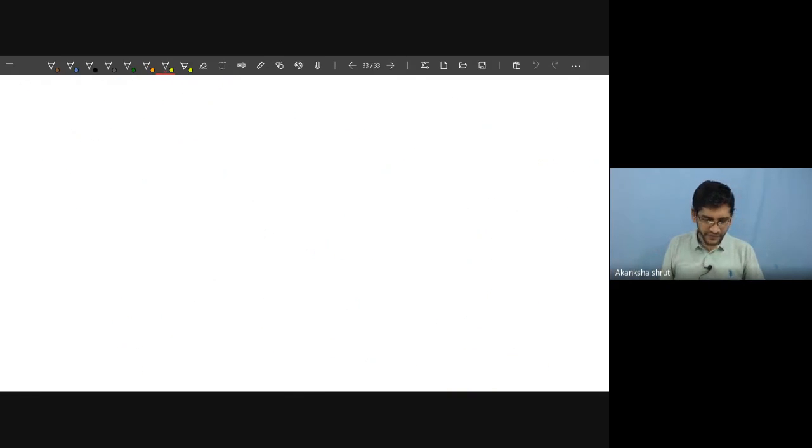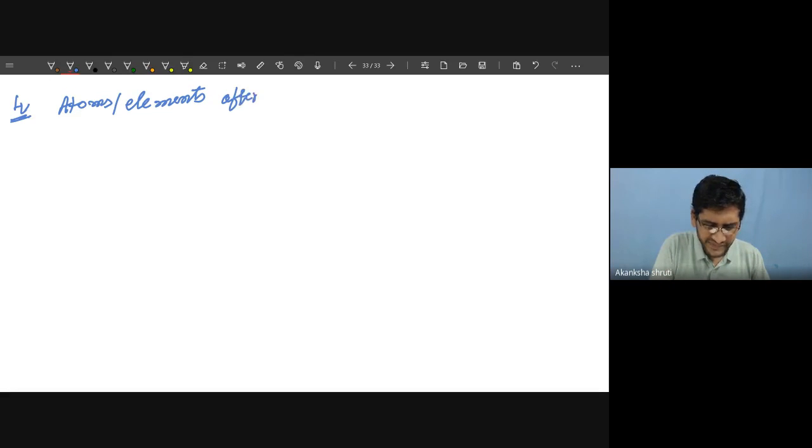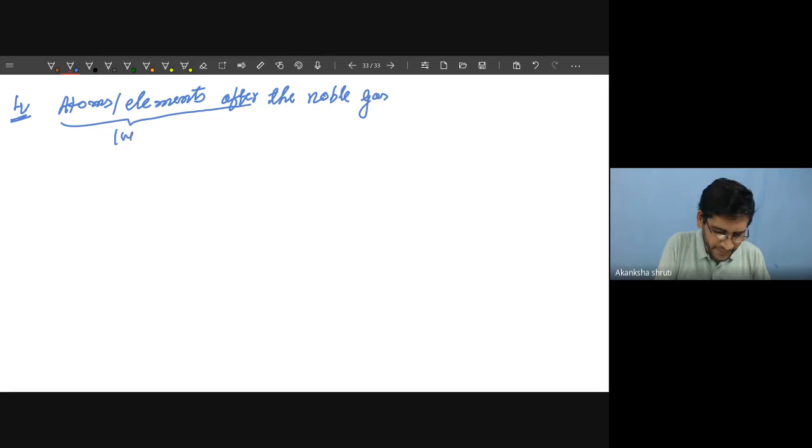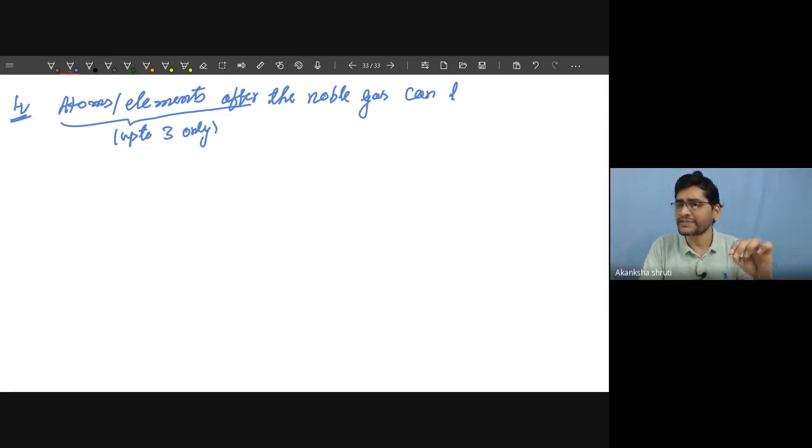Similarly, we also have to write the fourth point: that elements or atoms after the noble gas, okay, after means up to 3 only, can, the reason why they become positive is they have the tendency to lose.